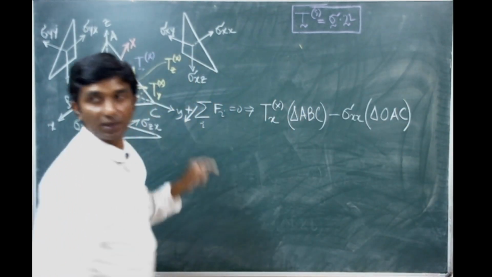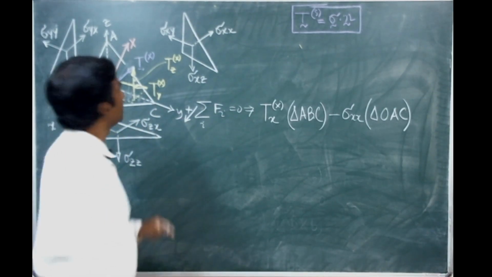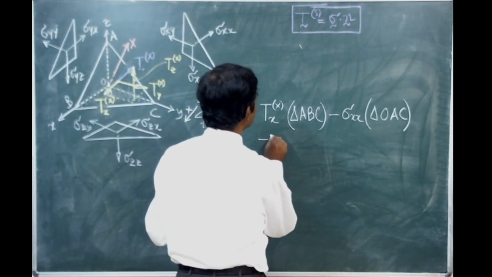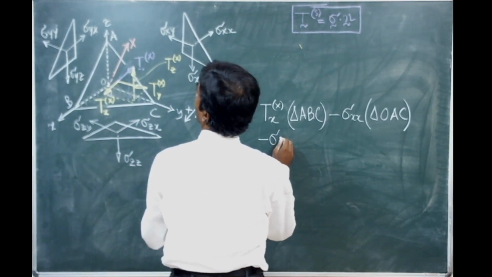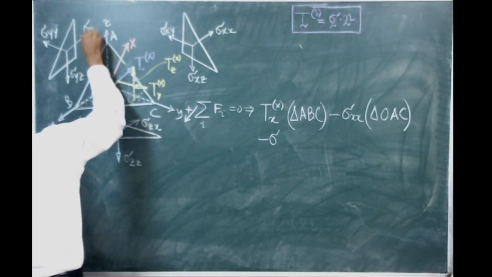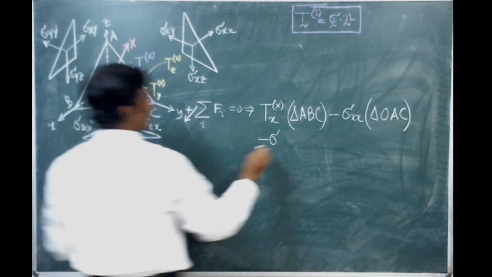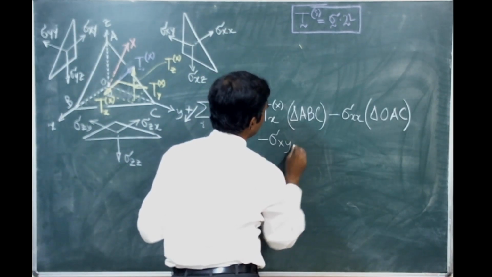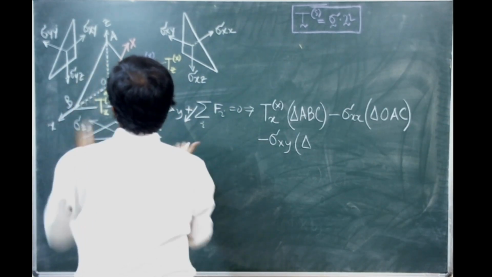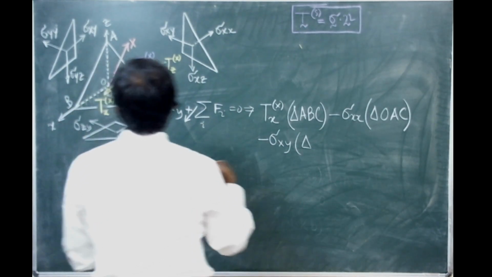Sigma xx times the area OAC. Now we visit the negative y plane and we see minus sigma, let us say xy, times the area OBA.